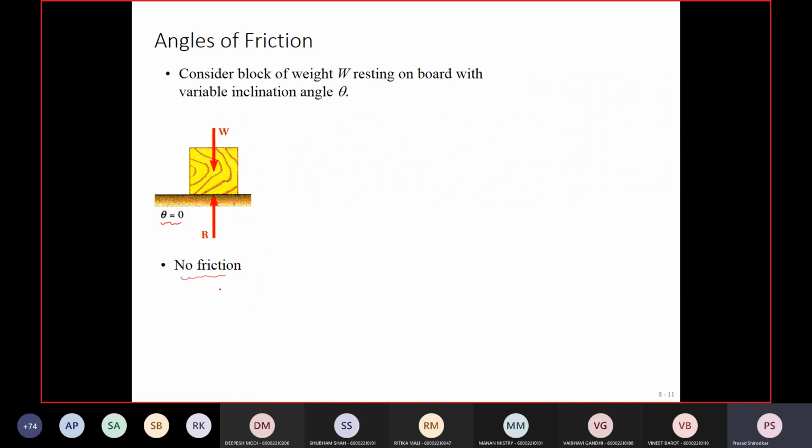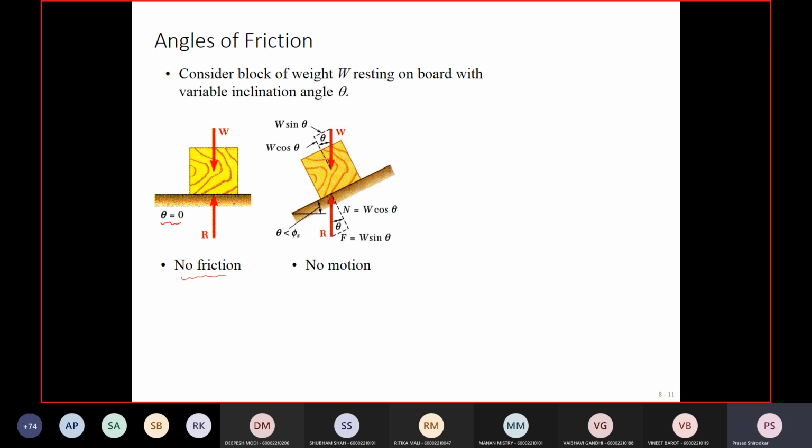Now if I increase the inclination angle, then various forces come into the picture. W makes an angle theta with the normal to the inclined surface. There are two components of W you have to consider, perpendicular to the surface and parallel to the surface. The normal component will be W cos theta and the parallel component F will be W sin theta.